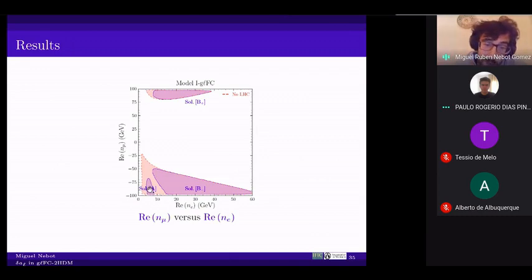And the range of values is in agreement with what I had anticipated. And then the other branch, which corresponds to the muon anomaly at one loop and the electron anomaly at two loops. And you see that those muon couplings are large. We were expecting that. And the electron couplings can be as small, let's say, as a few GeV.